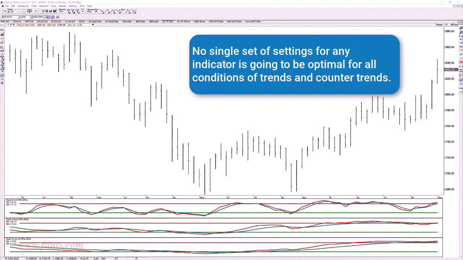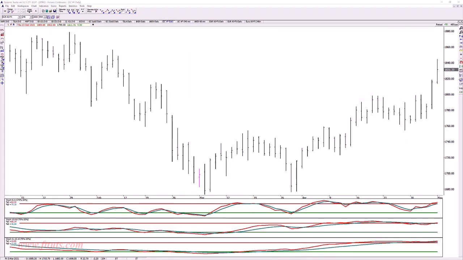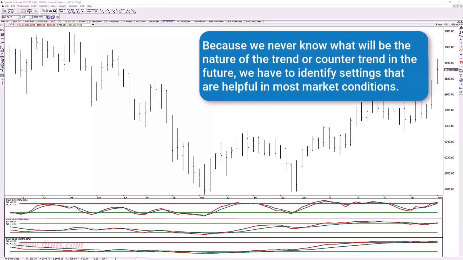that's going to be optimal for all types of market activity, such as a strong impulsive trend or a typical correction or a trading range. No one indicator setting is going to be optimal for all those different types of market trends and corrections, and we never know what sort of trend or correction is going to unfold into the future.